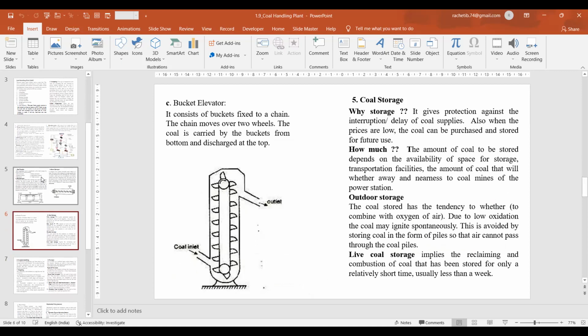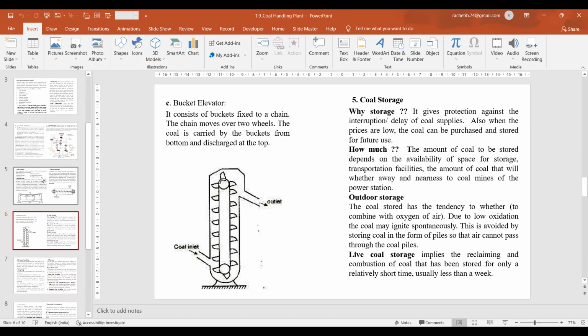As I discussed, we have to store coal in view of price, shortage, and seasonal factors like the rainy season, when we may not get ample coal from the mines.